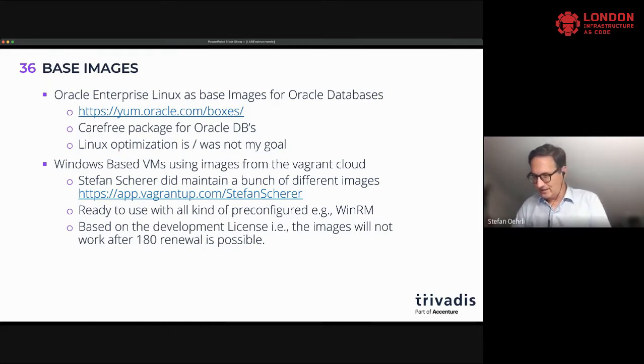He is maintaining a bunch of Windows Vagrant images for VirtualBox and for VMware, from Windows 11 to Windows 2019 and Windows Server 2016. It's really nice and straightforward to use them. In combination with Vagrant, it's quite simple because we can just specify them as a source, and Vagrant itself will then download the image from Vagrant Cloud and use this image to set it up.